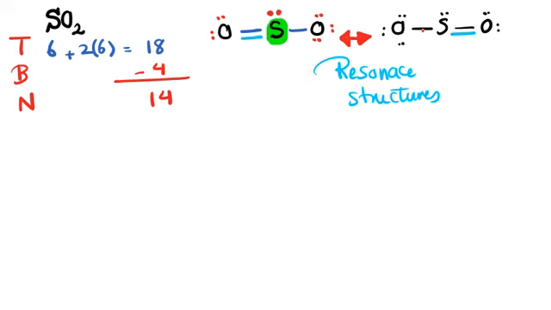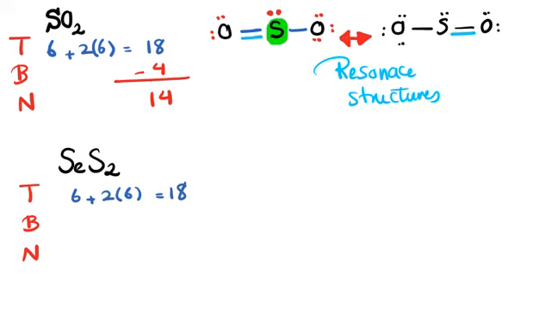Let me work on another example, like SeS2. Let me write TBN. So I'm going to calculate that. Selenium group number 6 plus 2 times 6. It looks we have 18. So I'm going to write Se here as S. So I'm going to make a bond between central and each terminal.